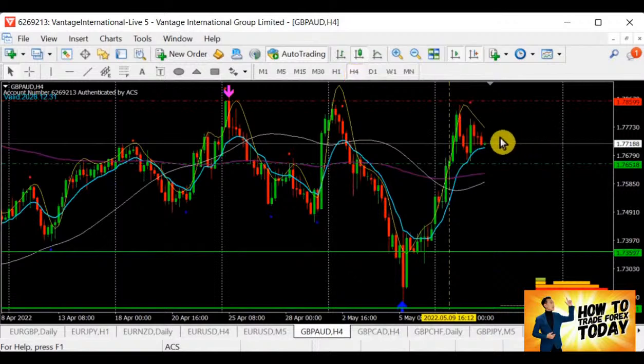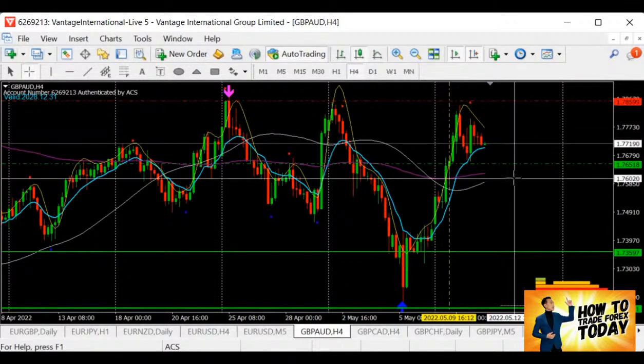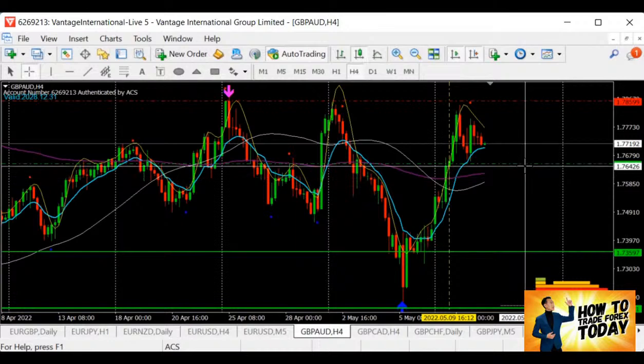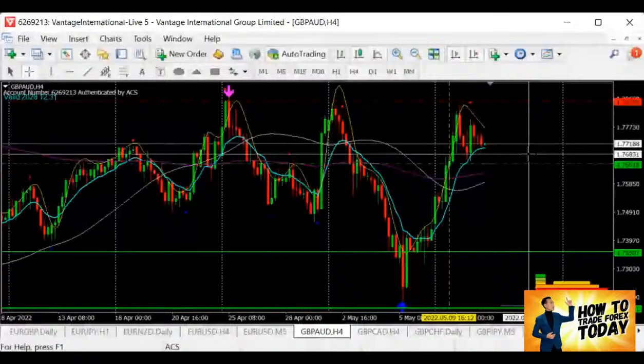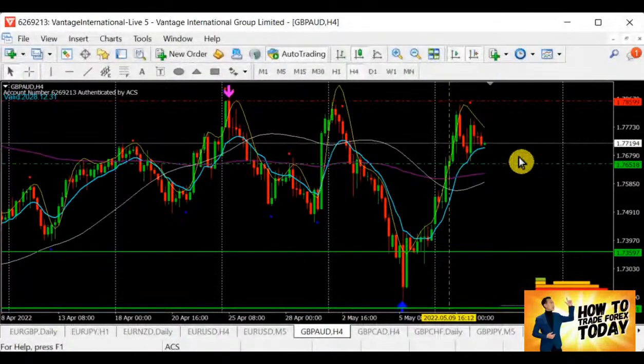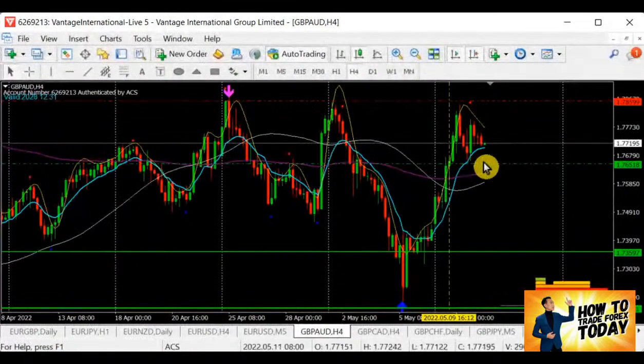So right now, as you can see, the resistance has no change, support no change. Since there's no change of the support here, on Pound Aussie yesterday, on the 10th, I was saying that when it starts to sell, the support may be around this area.